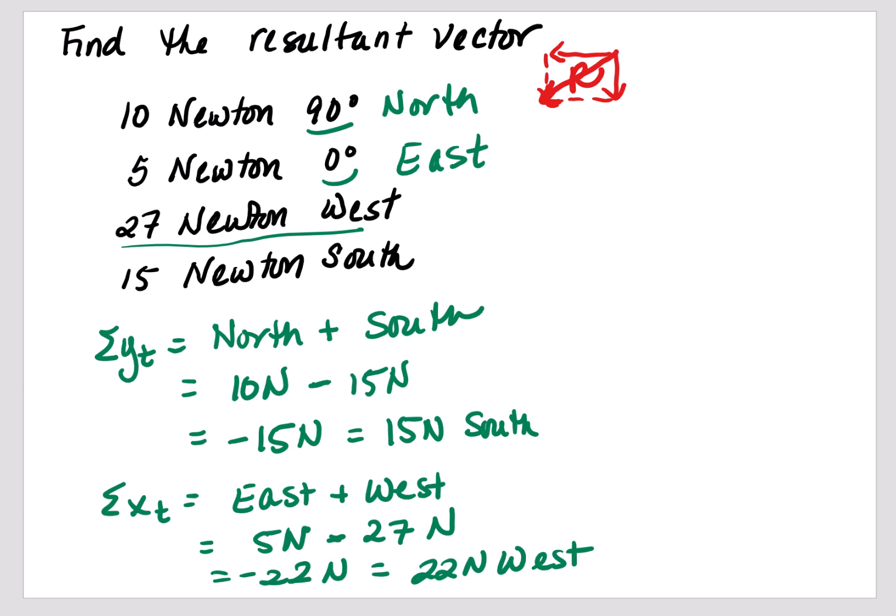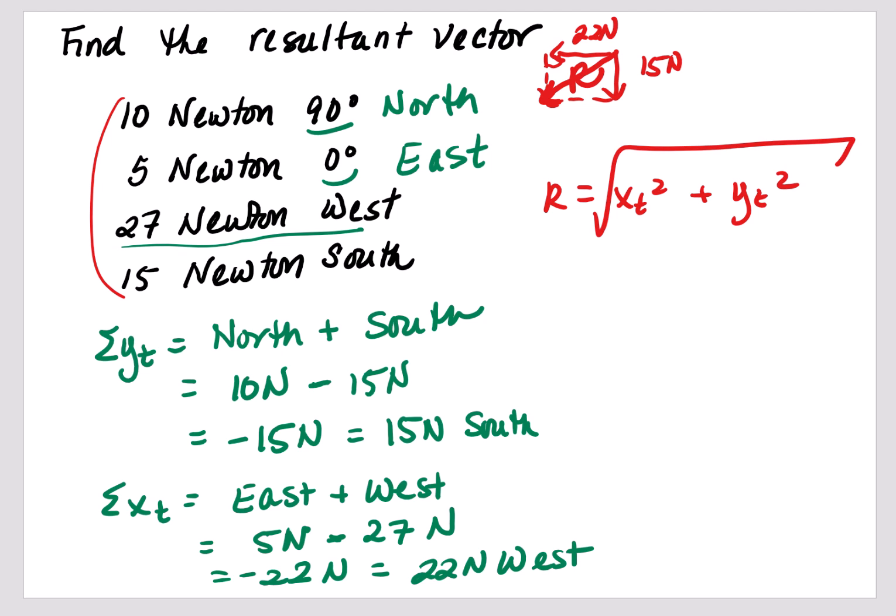So we know that x total is 22. It is the total x, not the individual x. And my y is 15. So I could solve the resultant using Pythagorean theorem, because this is a right triangle again. So r is equal to the square root of x total squared plus y total squared.